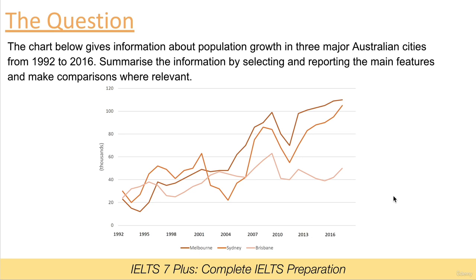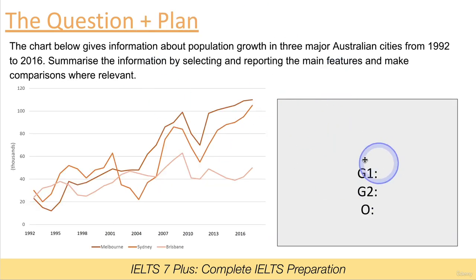Okay then, so let's think about our plan and let's put this all together. Now, grouping wise, maybe we could group 2 cities in one and the other one in the next one. There's a lot to talk about with all of them, so I'm a bit hesitant to do that, to be honest.